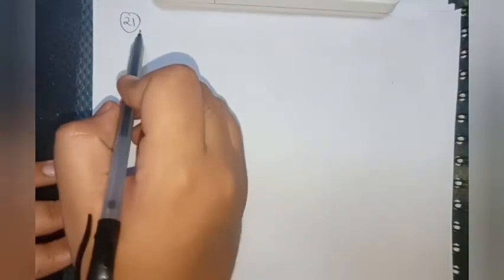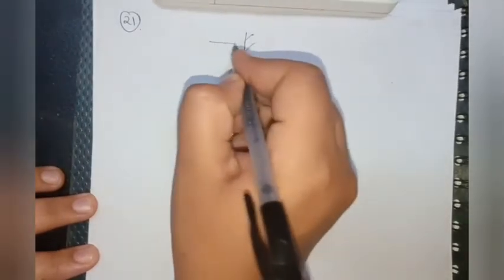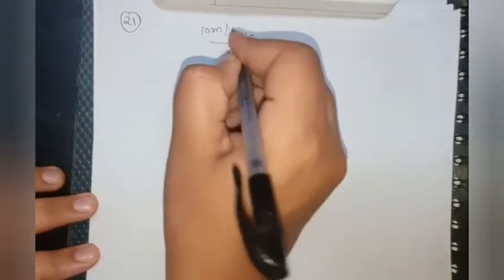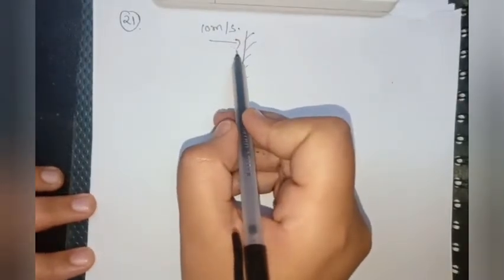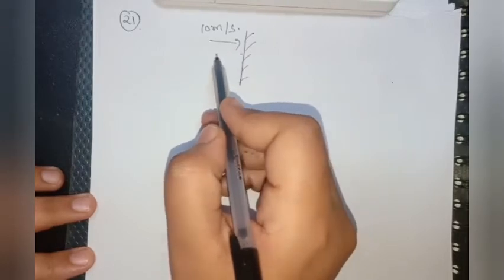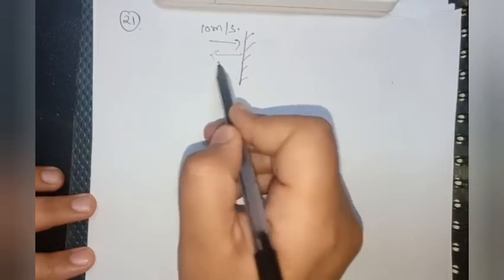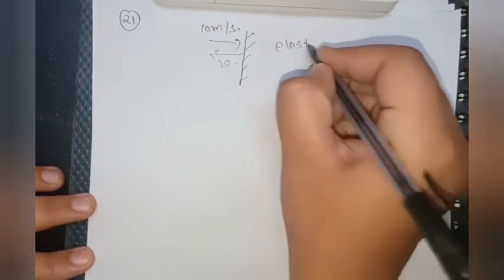In question number 21, a ping pong ball strikes a wall with velocity of 10 meter per second. If the collision is perfectly elastic, then we have to find the velocity with which the ball will rebound. Here the collision is perfectly elastic.